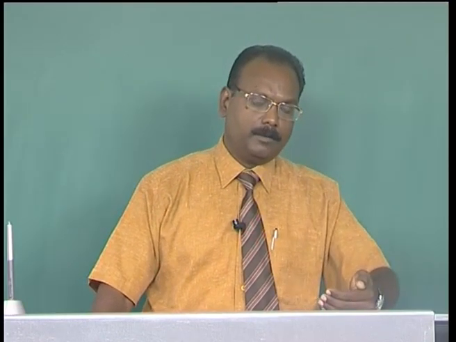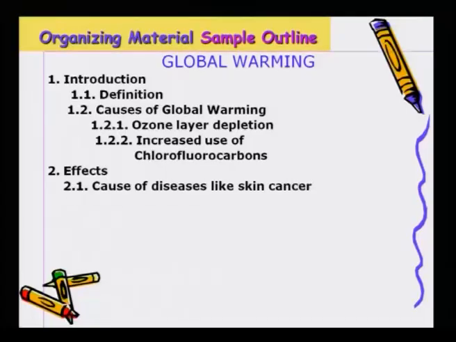Then you can give a special chapter, the second chapter, on the effects. For example, it can affect human beings, it can cause diseases like skin cancer. You can give a detailed description of this, and another sub point that you can have is about the premature death that it can give to human beings. So, wrinkling, aging, somebody who is just 18 years old may look like somebody who is 80 years old.